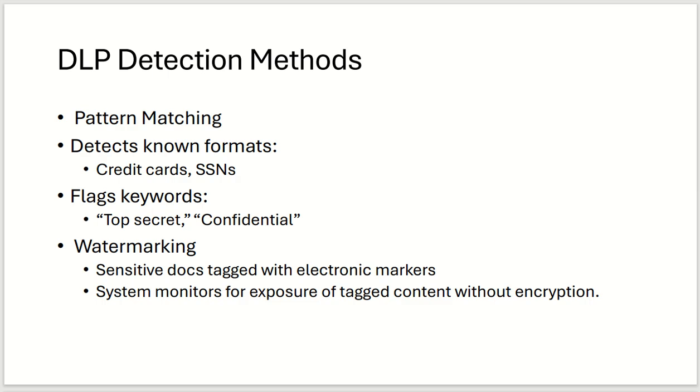Credit cards also have well-defined patterns, as do social security numbers. And so if any of these patterns are picked up, the data loss prevention solution will flag this as either top secret information going out or confidential data going out.